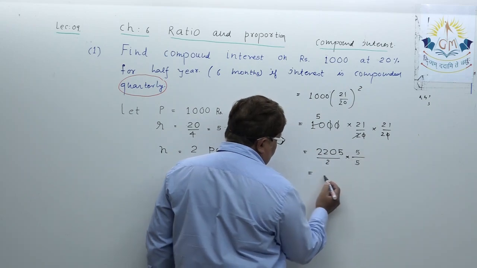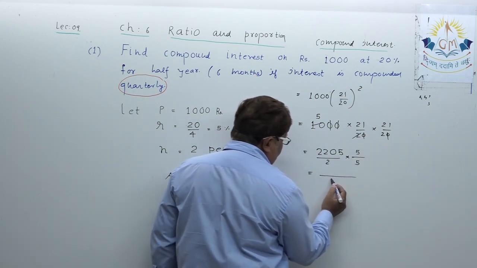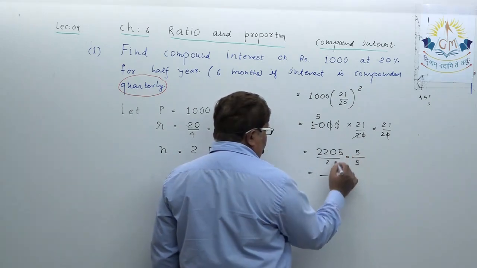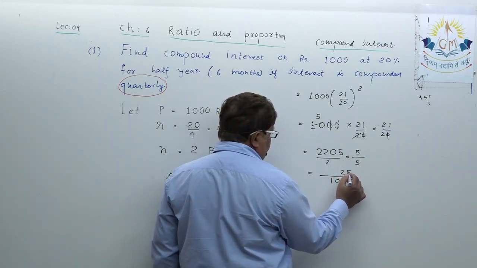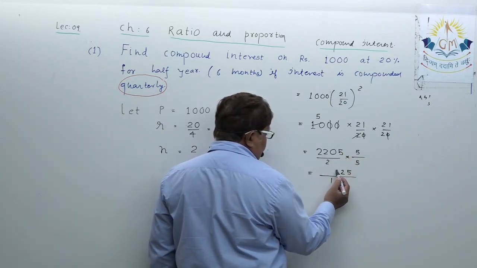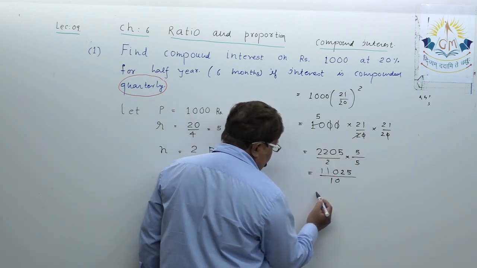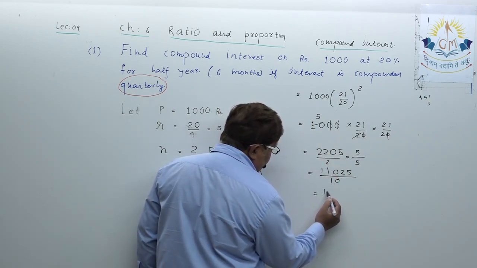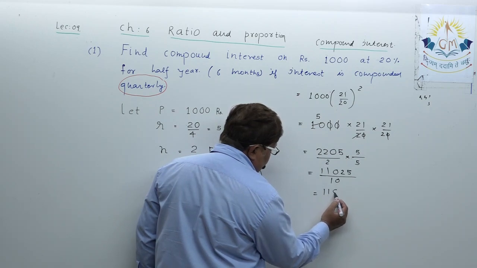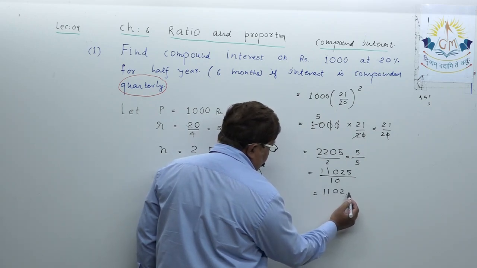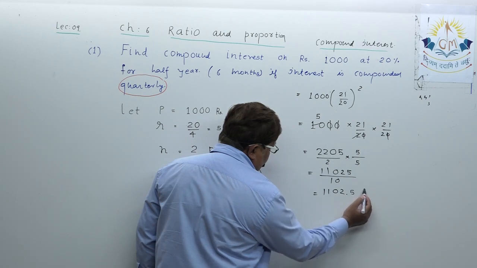Into 5. This becomes a little easier for you. 5 5s are 25. Okay. 5 2s are 10. 1 carry. 5 2s are 10, 11. Just place one decimal. 1102.5 rupees.